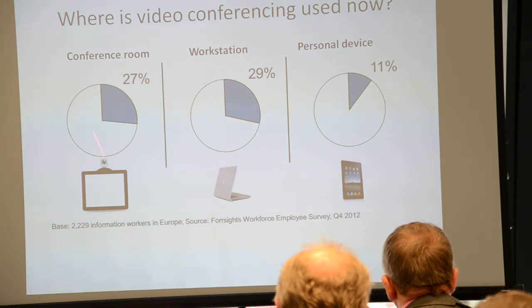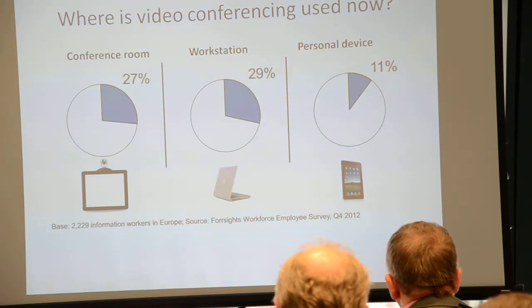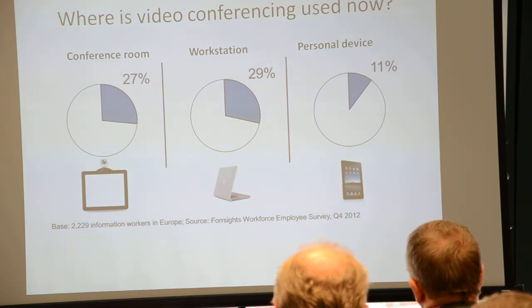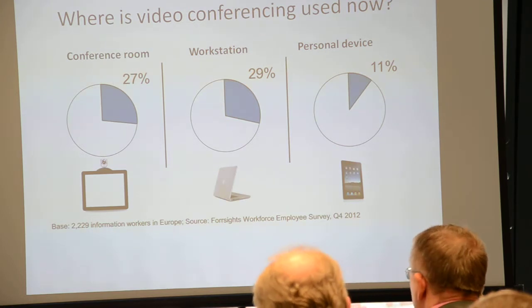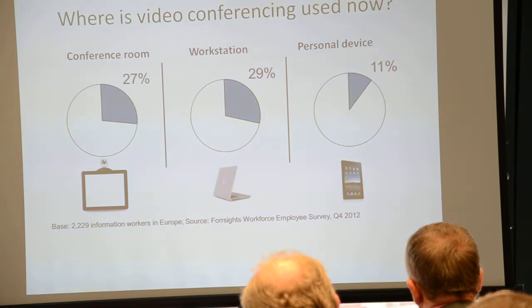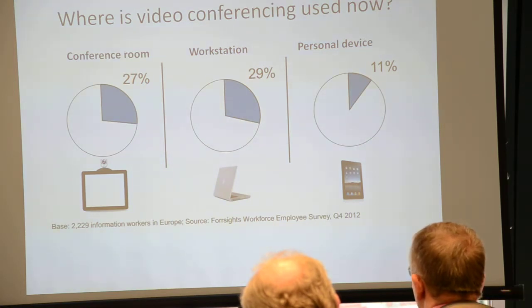Conferencing room is where you gather together when you schedule a conference, and personal device. So people use personal devices and desktops for video conferencing more than conferencing rooms. That's why the guys from Logitech are so happy, because everybody needs a web camera, everybody needs a speakerphone, etc.